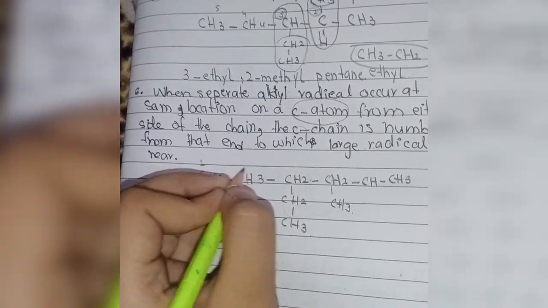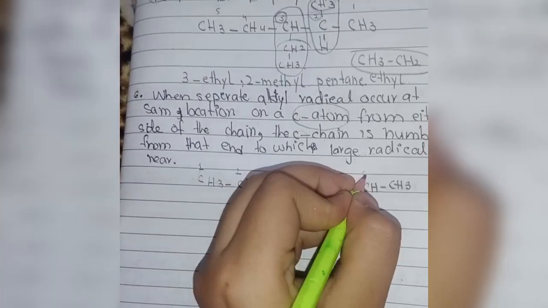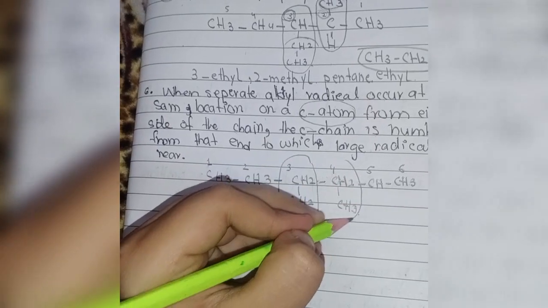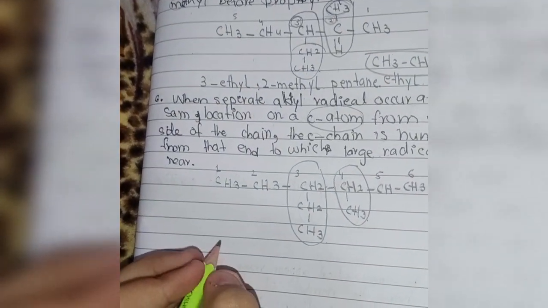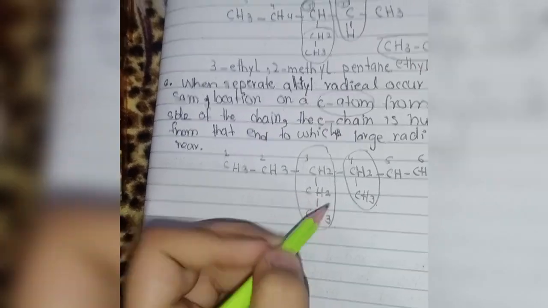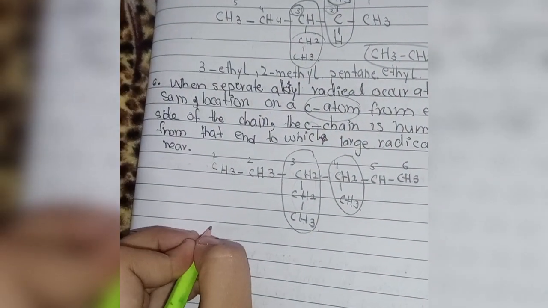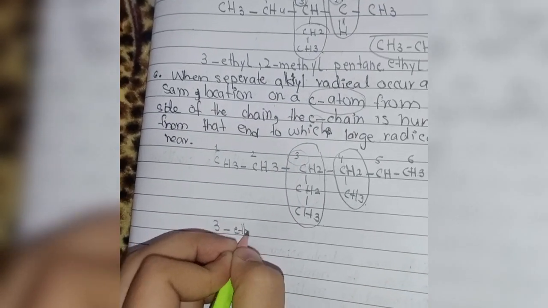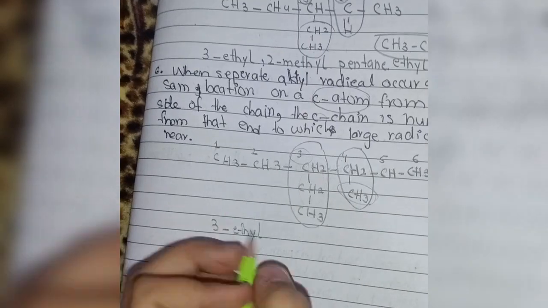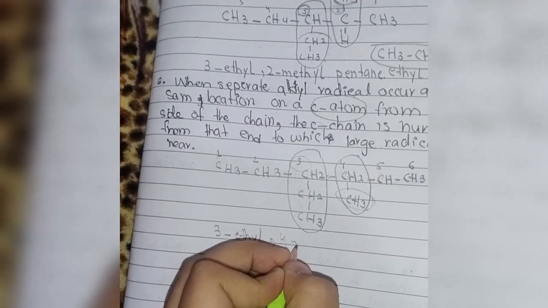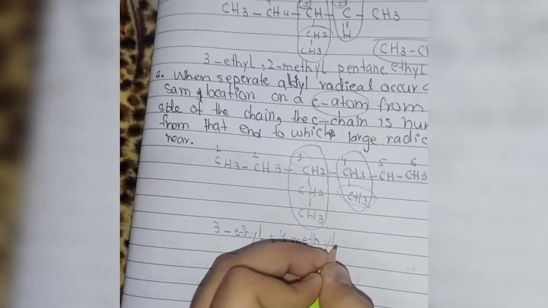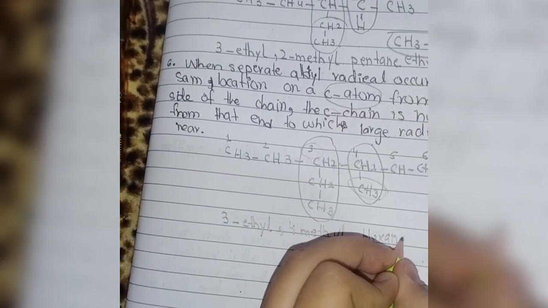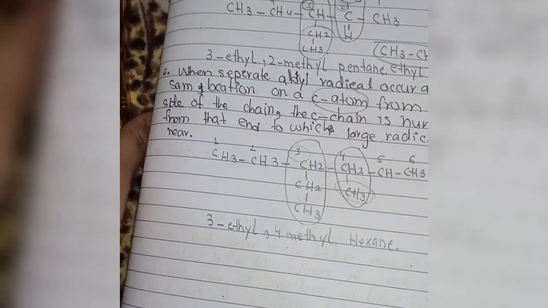So we will give the numbering from here, 1, 2, 3, 4, 5 and 6. Here the large radical is on the third one, and here we have the second. This CH2CH3 is the ethyl. So we have 3 ethyl because it is present on the third number. In the fourth number we have the methyl, 4 methyl, and this structure is hexane. So this was the sixth rule.